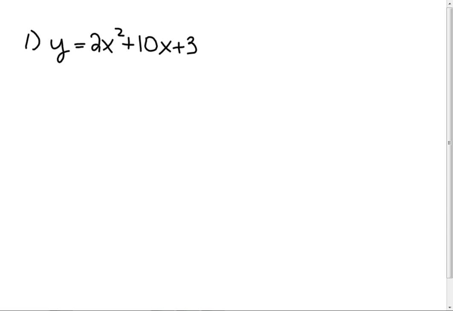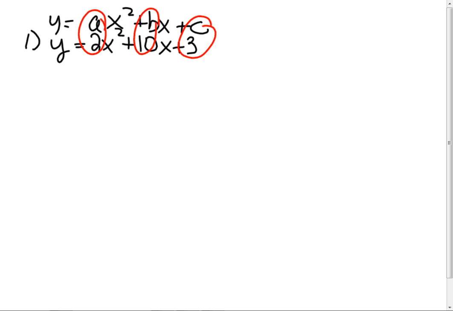Okay, it's y equals ax squared plus bx plus c. First, write down what a, b, and c are.